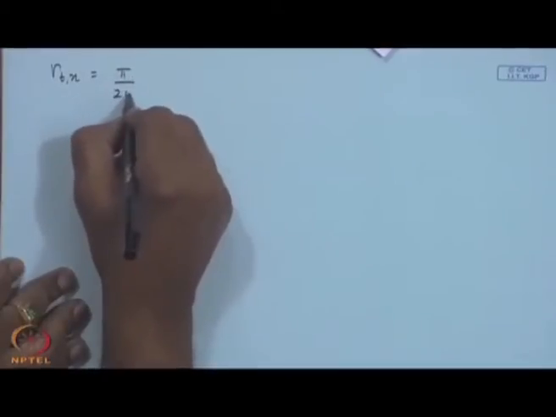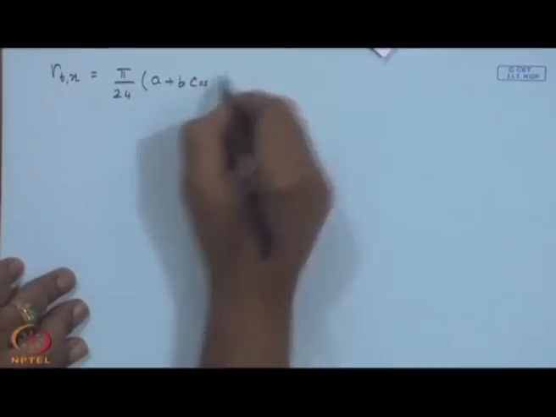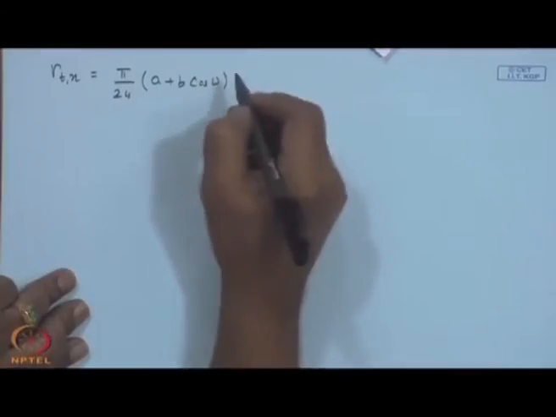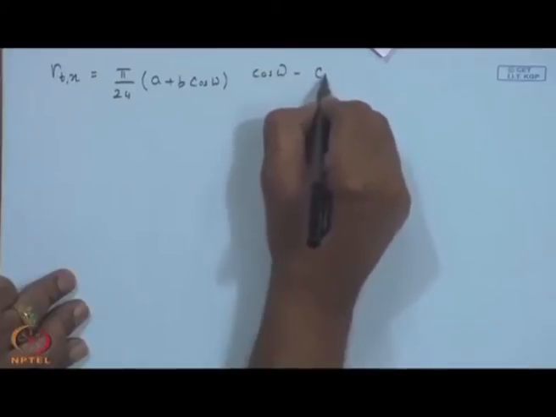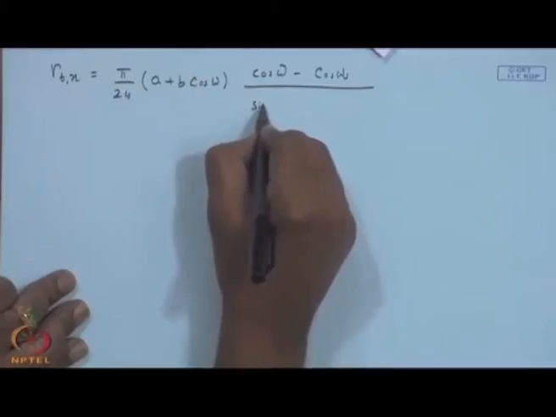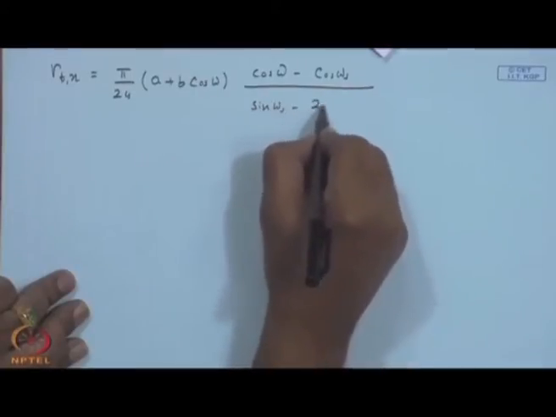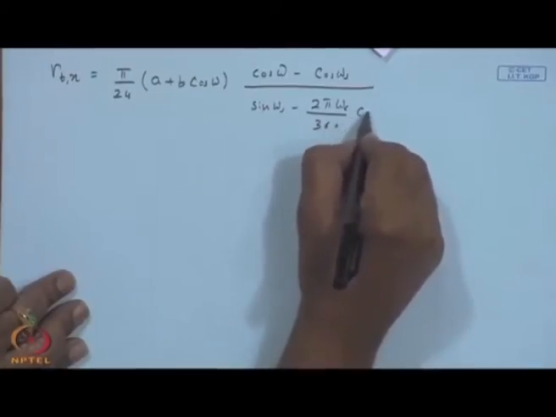For that, we need the noontime radiation on the average day. r T n is pi by 24 (a plus b cos omega), again Collares-Pereira and Rabl, these relations which we have written earlier, times (cos omega minus cos omega s) by (sin omega s minus 2 pi omega s by 360 cos omega s).